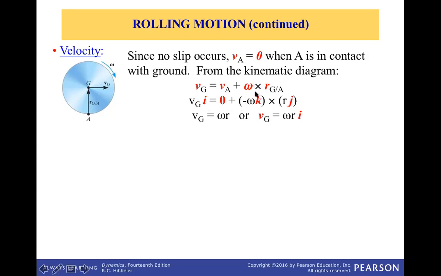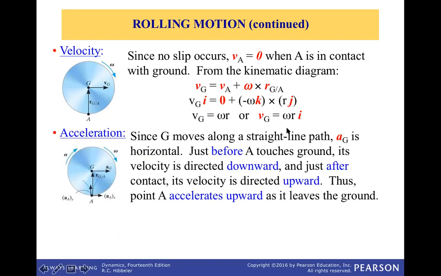If this is going clockwise, then omega, using the right-hand rule, has its vector direction going into the screen. So minus omega k cross Rj. In that case, you can determine your Vg is going to be omega times R, and that's in the I direction.